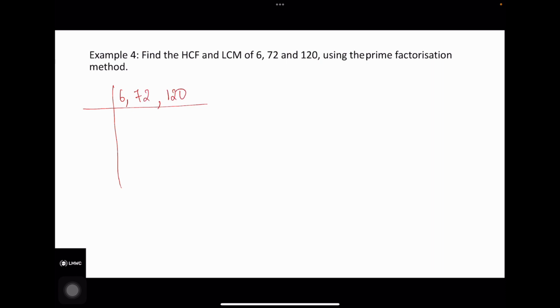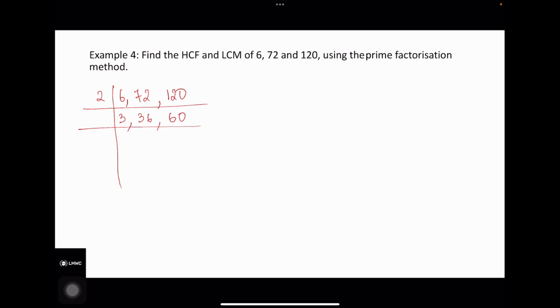Again, to find the HCF, the method is the same. We need the common factor of all three numbers, and that is 2. So 2 times 3 is 6, 2 times 36 is 72, 2 times 60 is 120. Again, as you see, the next numbers are 3, 36, and 60.